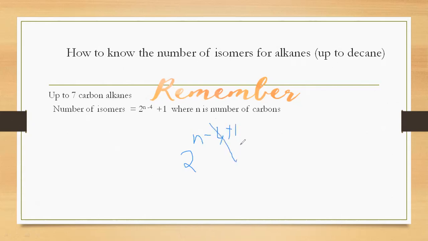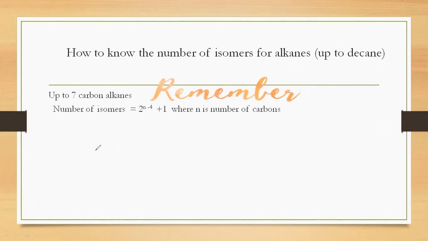That is wrong. First get the 2 to the power (n minus 4) value, then add the 1 to that. That will be the formula. And remember, n is the number of carbons.